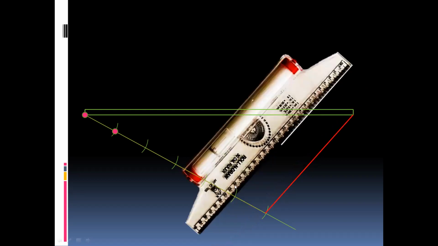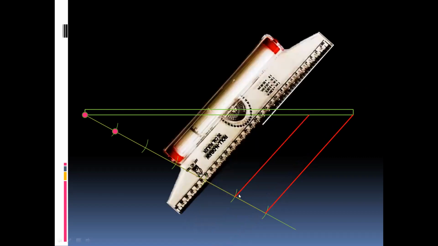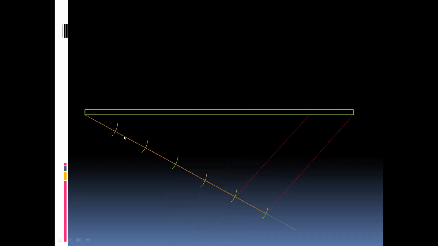Now draw the second line from this point. Similarly, you can draw the third line. You can repeat this procedure and draw the parallel line from all the subsequent points. So this method is used to divide a given horizontal line into equal parts.